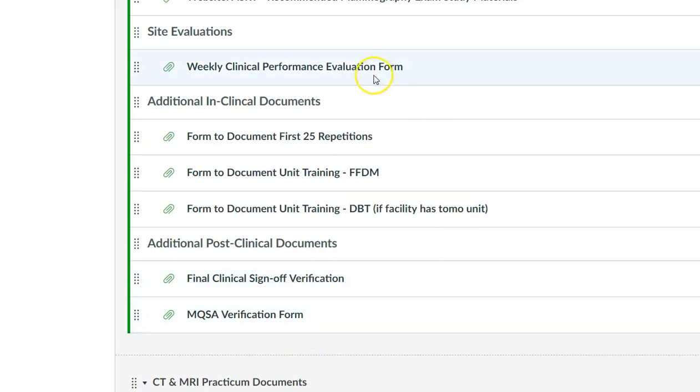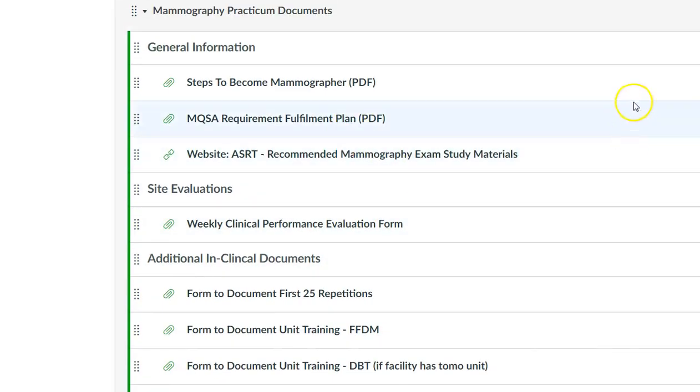In mammography, there are a few additional requirements that need to be done. So you can see some additional information on some steps in the fulfillment plan. So the Mammography Quality Standards Act really requires a lot more documentation for that particular modality than the required documentation for others. So I wanted to at least provide that information as far as what that looks like.